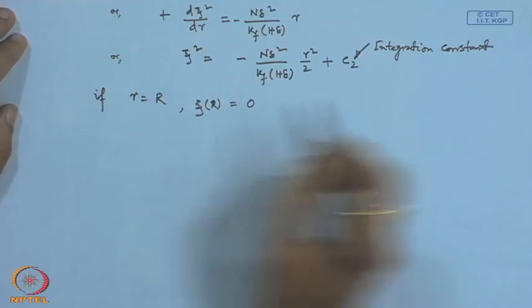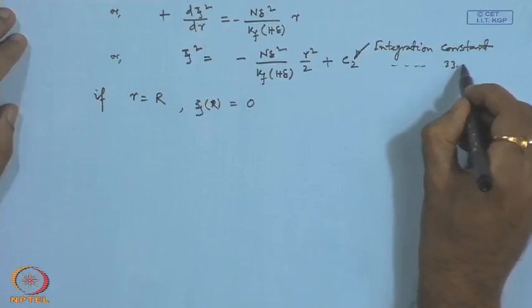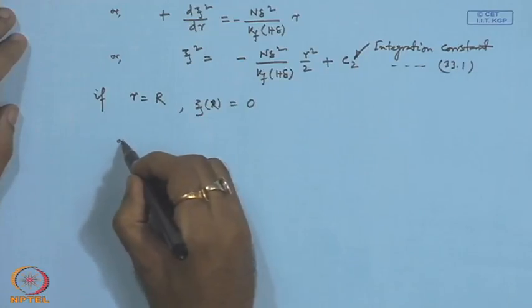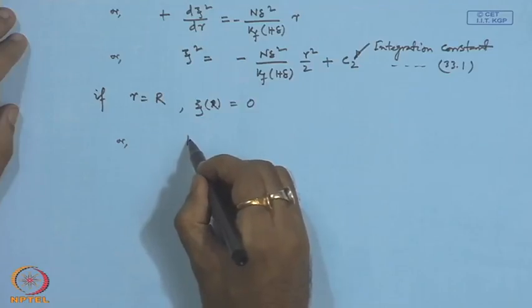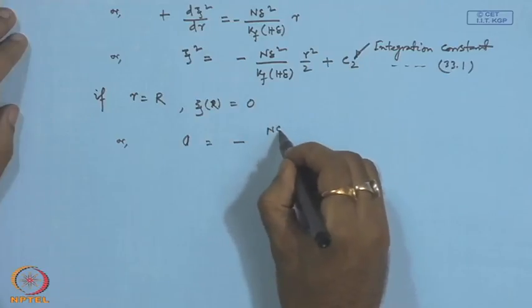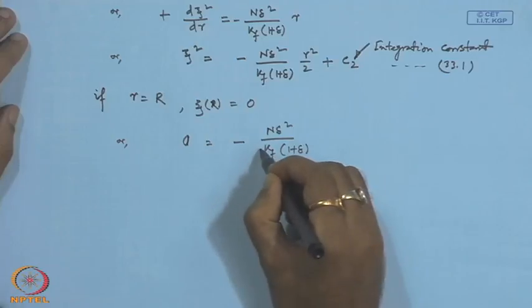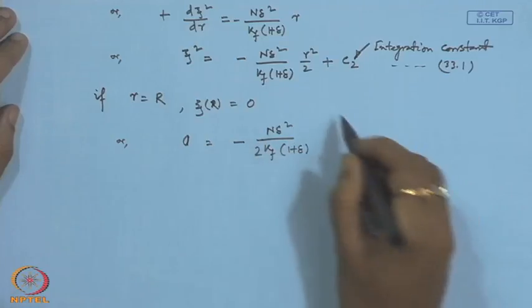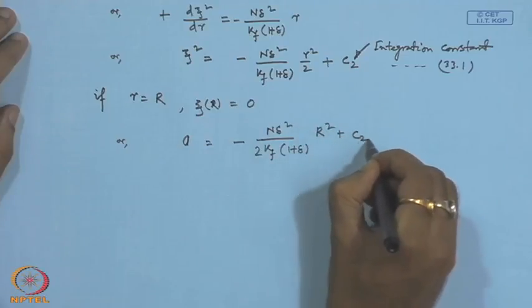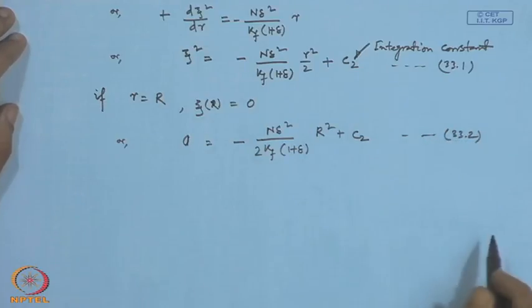So, with this let us say write this as 33.1, and next one we can just write it as 0 equals minus n delta square by Kf (1 plus delta) into capital R square plus C2, and we can write it as 33.2.